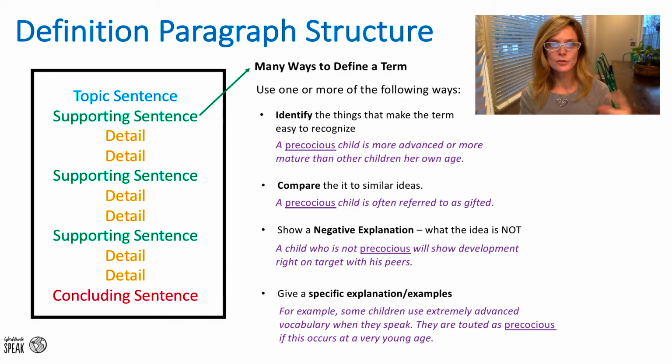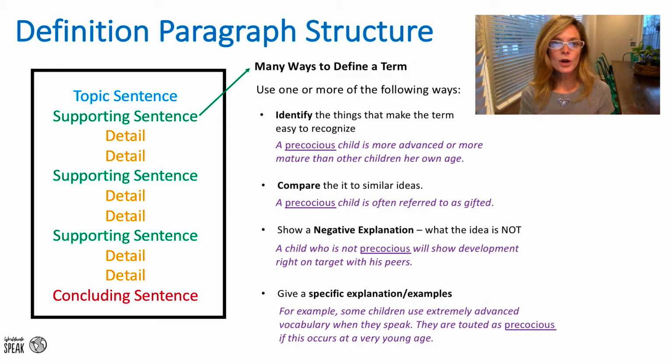So first, we identify the things that make the term easy to recognize. For example, a precocious child is more advanced or more mature than other children her own age. So we let the reader know what this looks like with our words.